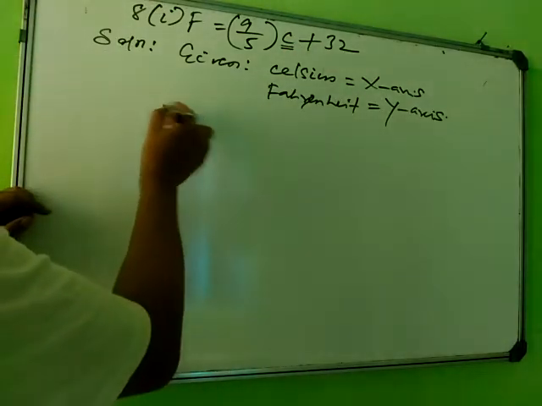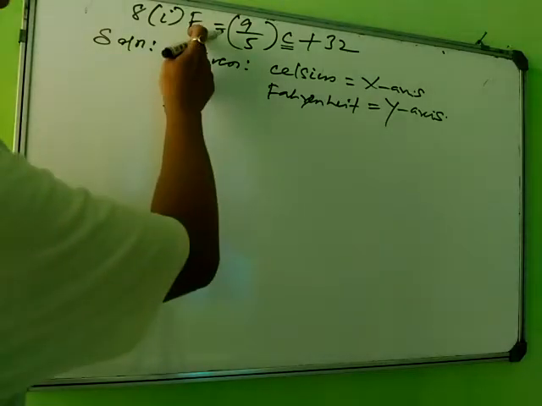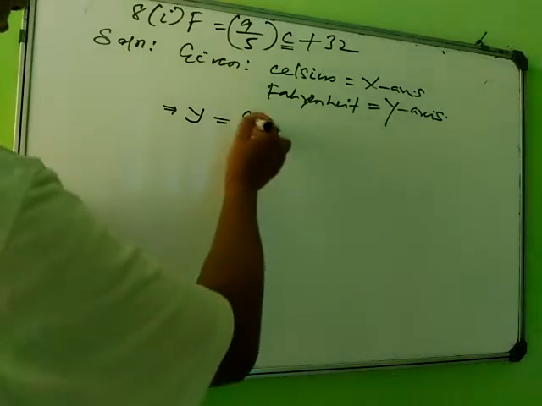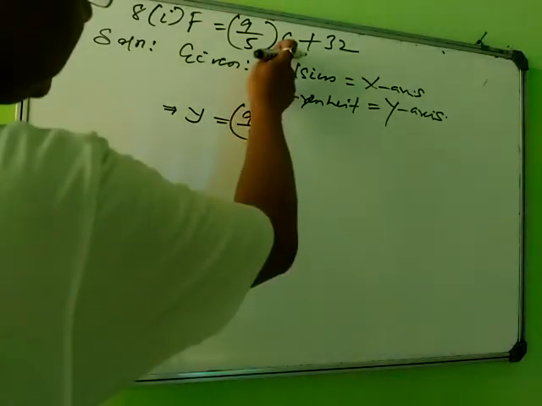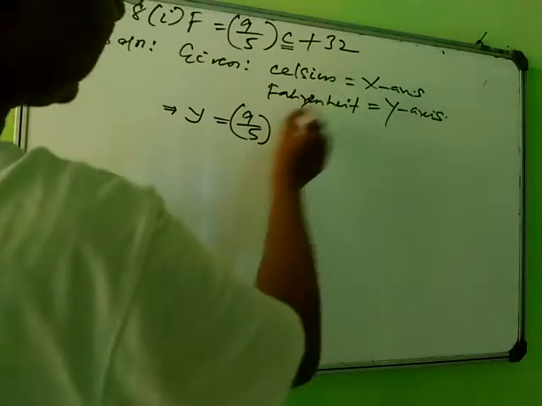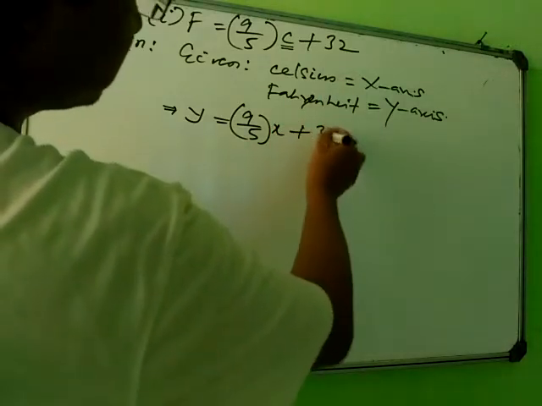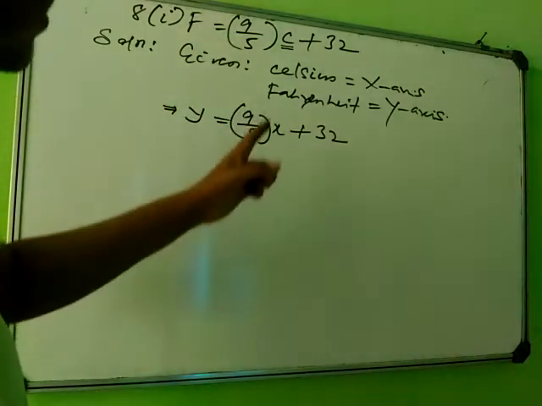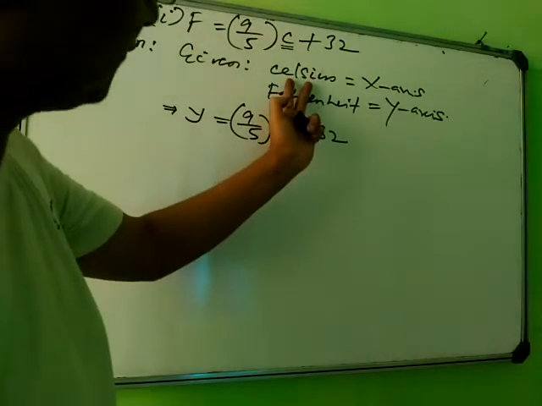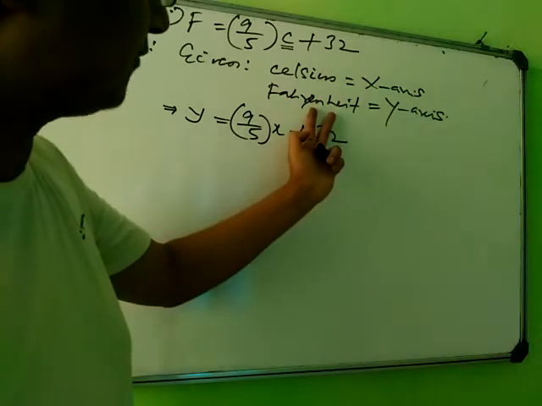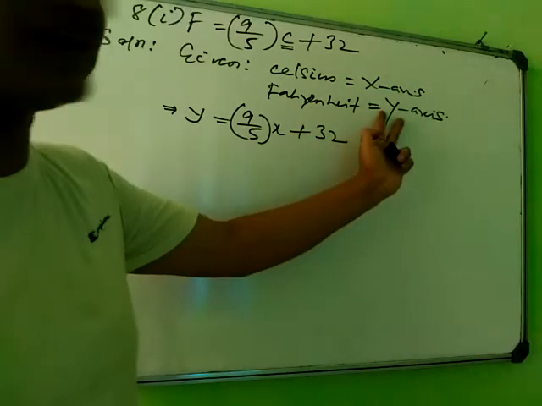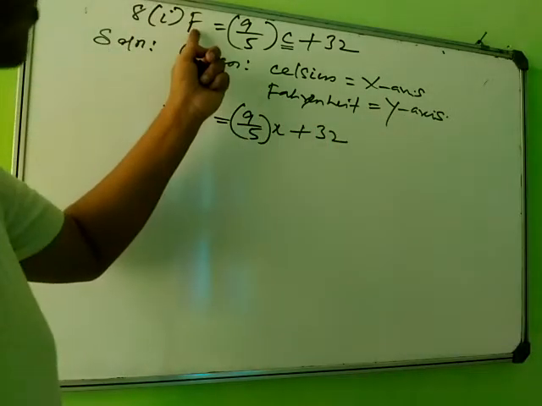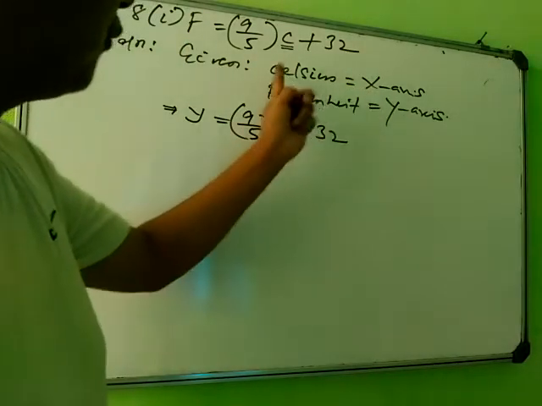So y equals 9 by 5 C, Celsius, you will take as x, plus 32. It is given in the question that taking Celsius for the x-axis and Fahrenheit for the y-axis. That is why on the y-axis you have taken F, Fahrenheit, and on the x-axis Celsius.